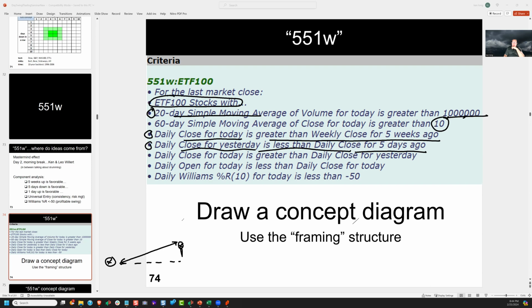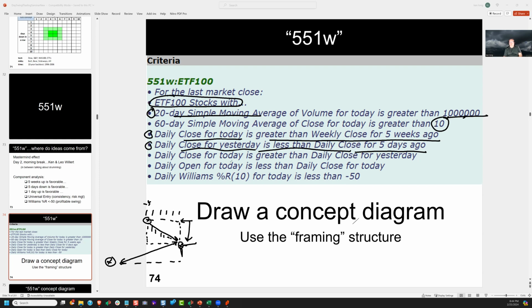So if I go back 1, 2, 3, 4, 5 days, it had to close here, higher than today's close. So that's the sell-off. Now, it doesn't have to be 5 closes in a row. All it has to do is be below the close 5 days ago, so that's the retracement. That's the pullback.